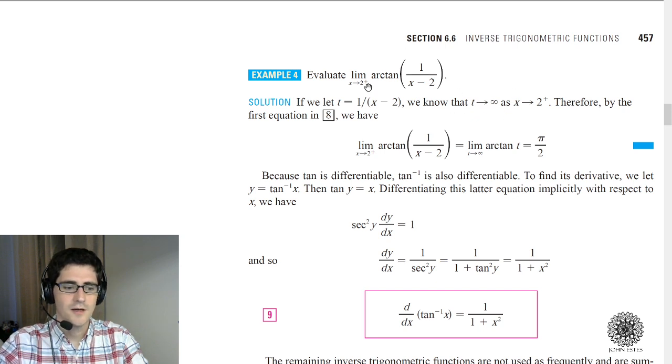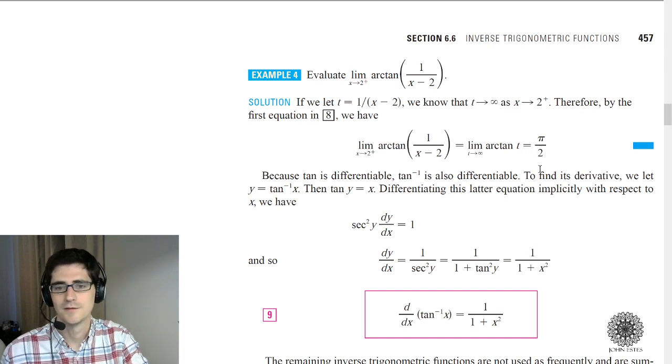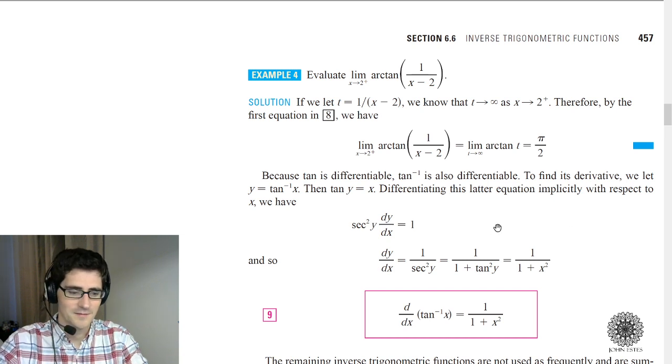So I could rewrite this limit in terms of t instead of x. The limit as x approaches 2 from the right of arctan of 1 over x minus 2 is the same thing as the limit as t approaches infinity of arctan t, which is that horizontal asymptote at pi over 2. Make sense? Hopefully. Just let me know if it doesn't.